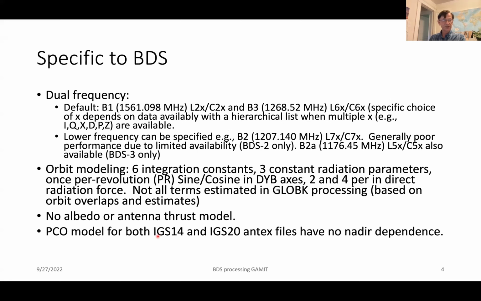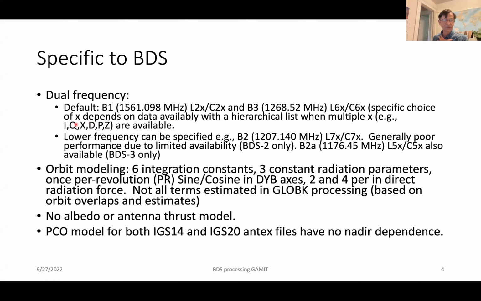Specific to the BDS system, we do dual-frequency processing, which again will evolve with time. We use B1, which is the 1561 megahertz channel, as the default. That is L2X and C2X, where the X depends on the exact tracking mode.